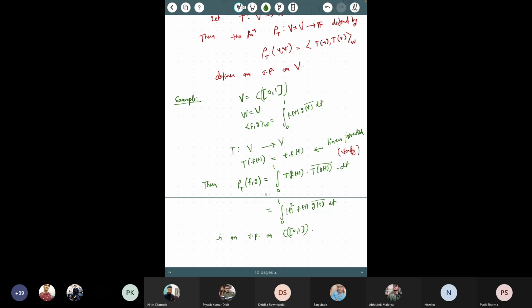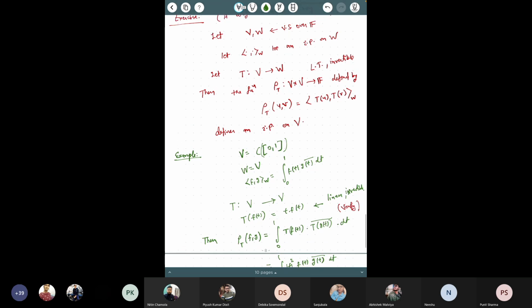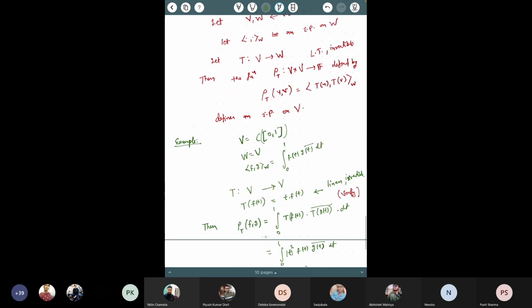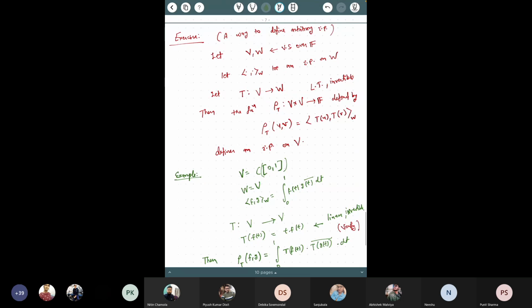Now you don't have to prove that this is an inner product, because you are actually using this result. If you have proved this result, then it follows that whatever function you have defined is an inner product. But if you want to use this result, you have to ensure that all the hypotheses are satisfied.